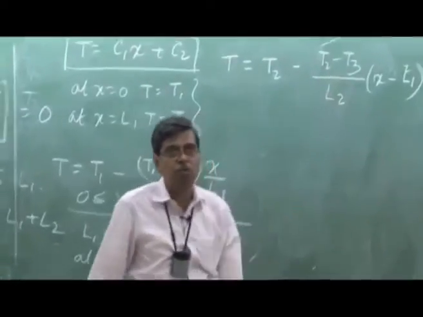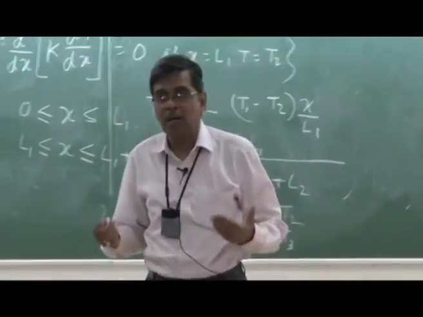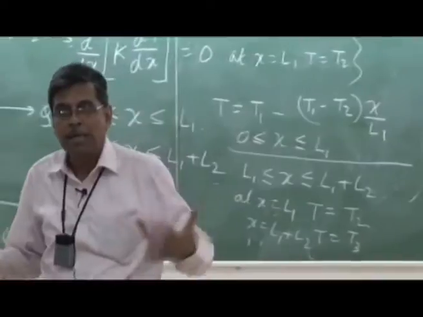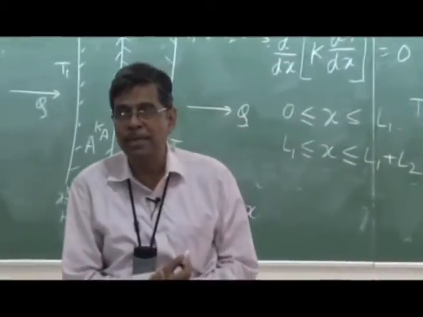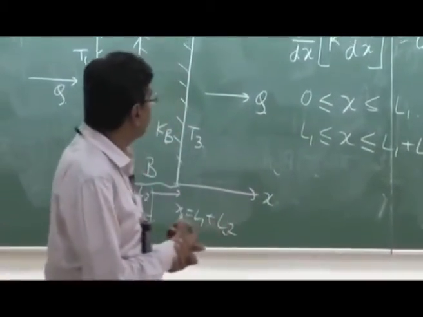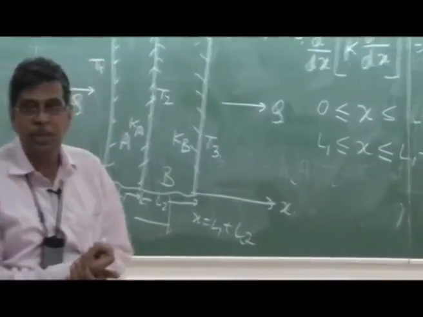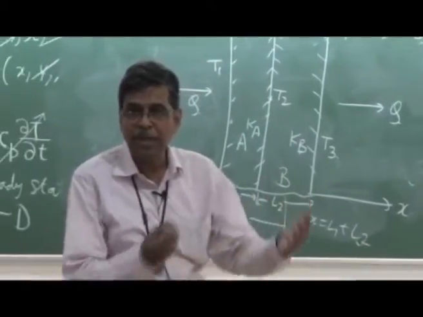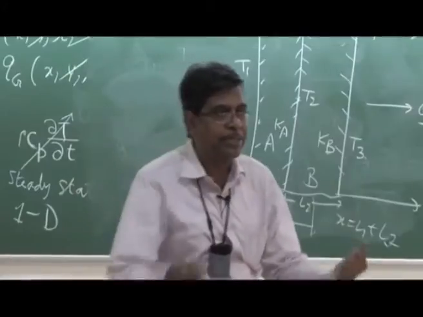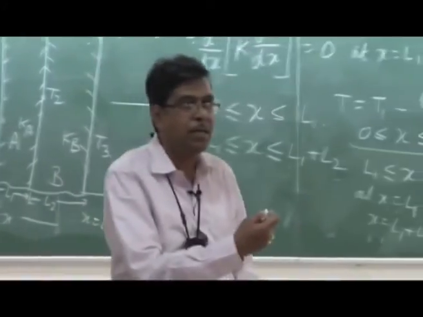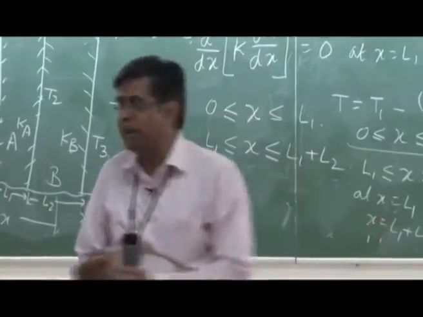And here we do not have any understanding of the qualitative picture of the slope, which one is greater and which one is less. That depends upon the values of T1, T2, T3. For given T1 and T3, T2 will be adjusted accordingly so that the slope will be determined.